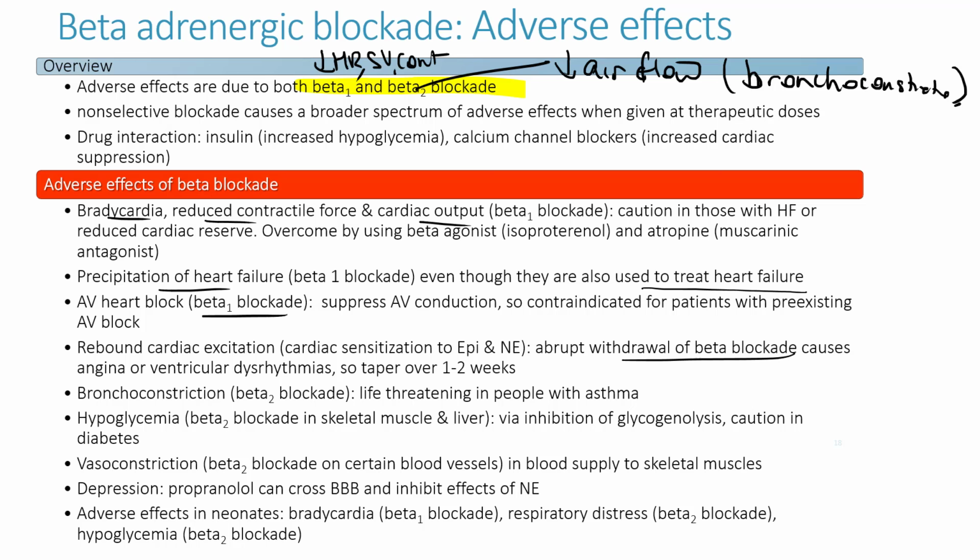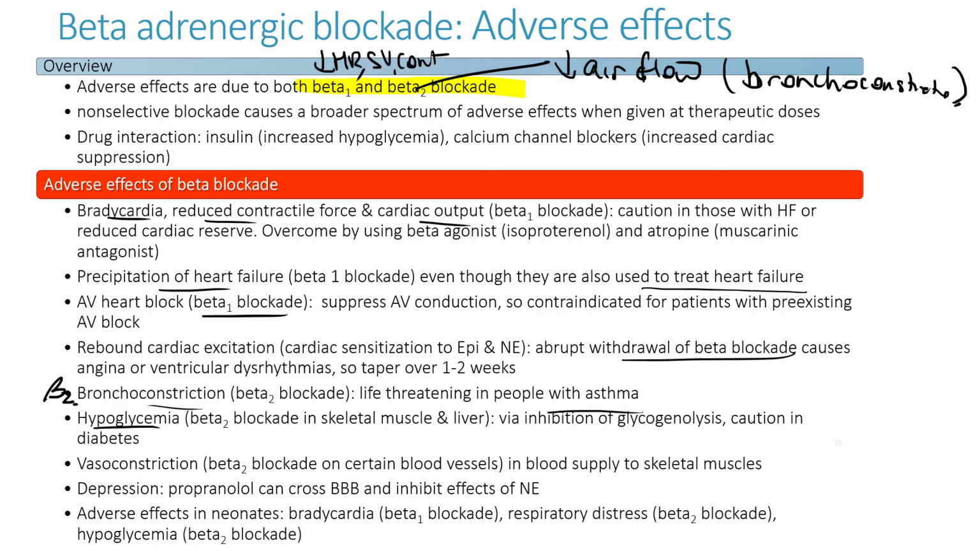With an antagonist, the receptors can become much more sensitive to the presence of the agonist. So if you stop the beta blocker suddenly, it can cause rebound cardiac excitation. And because it blocks beta 2 receptors, it can cause bronchoconstriction, right? Which is not desirable in people with asthma.